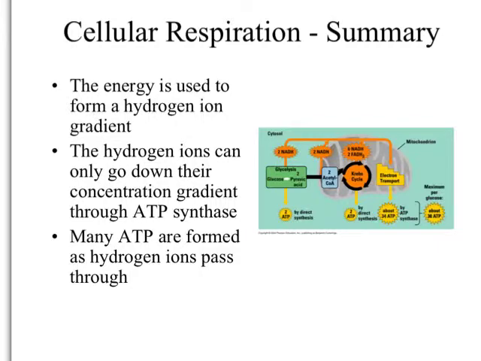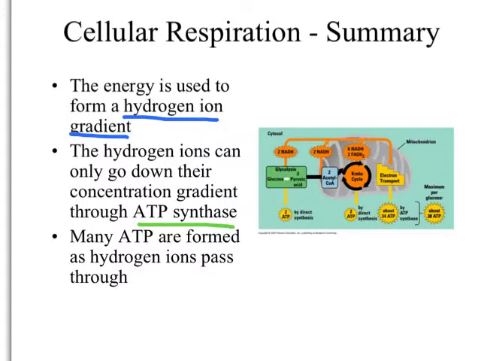All right, so the movement of hydrogens across that inner membrane of the mitochondria is going to build up the hydrogen ion gradient. And remember, those hydrogen ions have to move down their concentration gradients from high concentration to low concentration, just like diffusion. And the way they do that is they have to go through that ATP synthase protein.